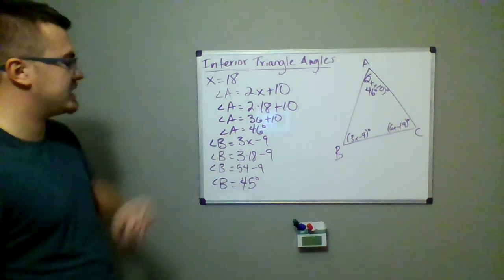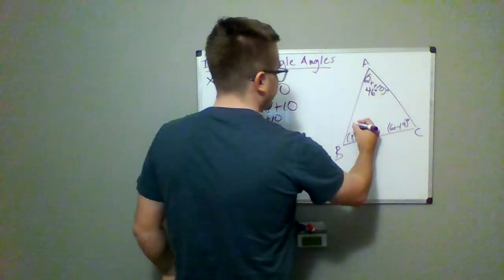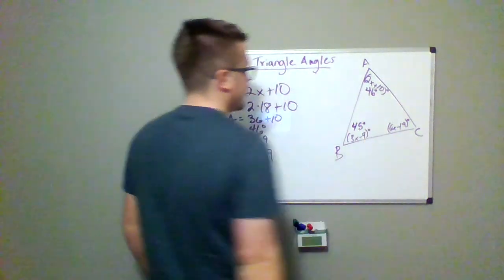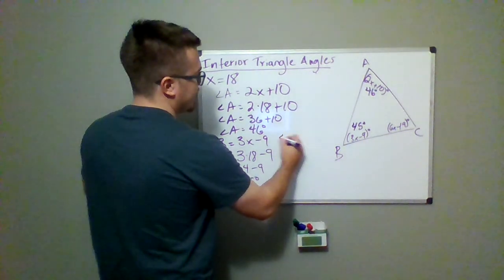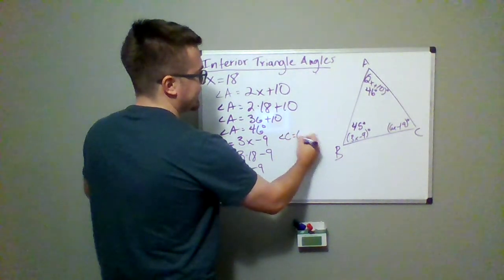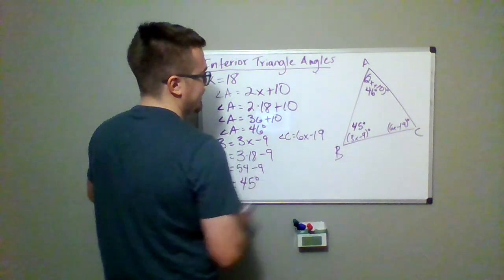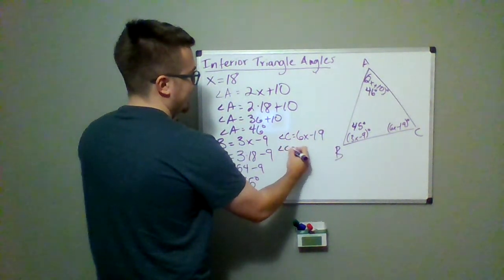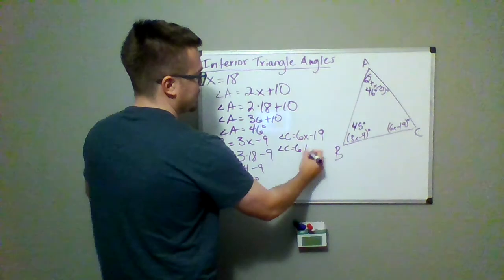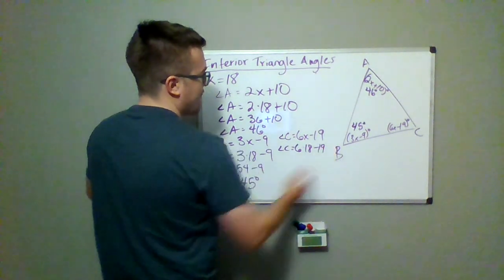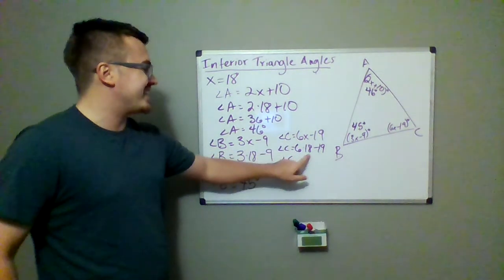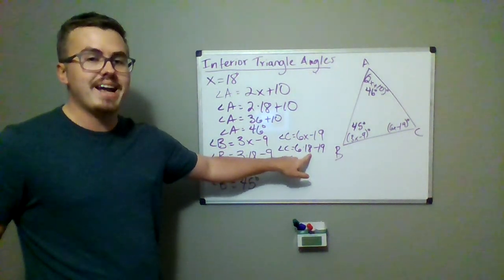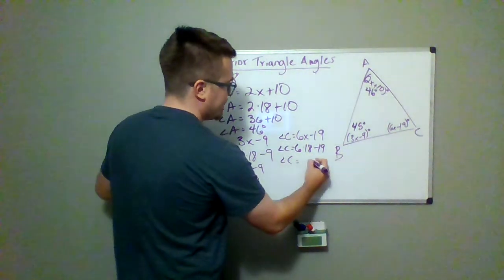So we've got 46 and 45 degrees. And the last one is angle C. I'll fit it in right here. Angle C is 6x minus 19. Plug in 18, so 6 times 18 minus 19. Angle C is equal to 6 times 8 is 48, so I've got an 8.